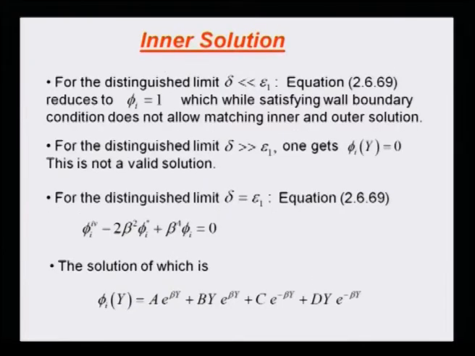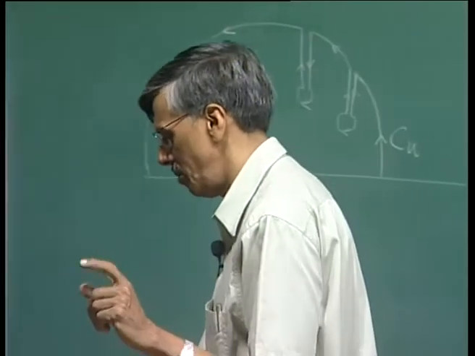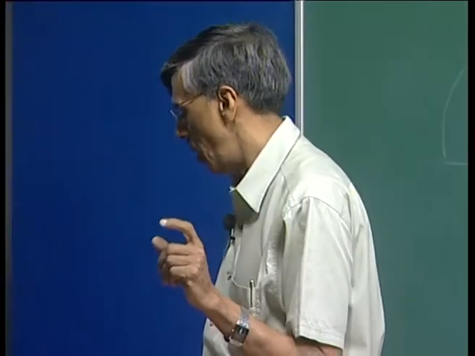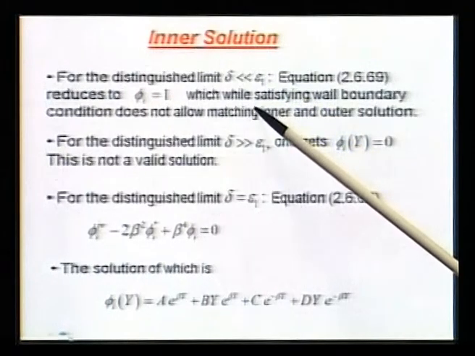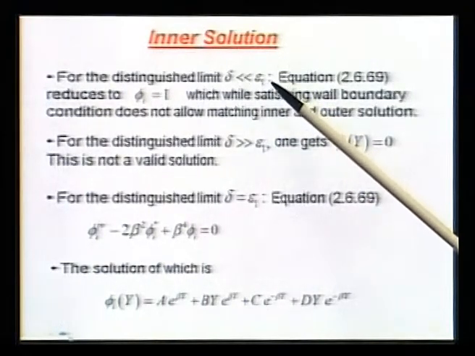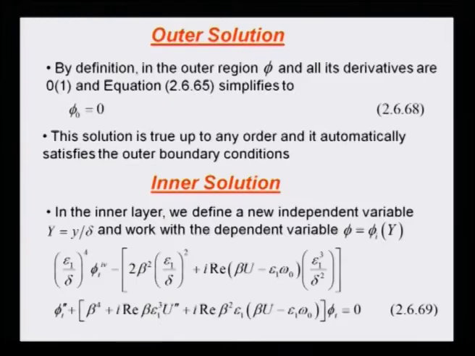A general characterization would be something like this: let's say this boundary layer thickness of this orthogonal equation, delta, is very much smaller compared to epsilon 1. If I do that, then immediately I can see what happens. If you just look back at the previous slide, you will see what we are talking about. If delta is very small compared to epsilon, then what happens?